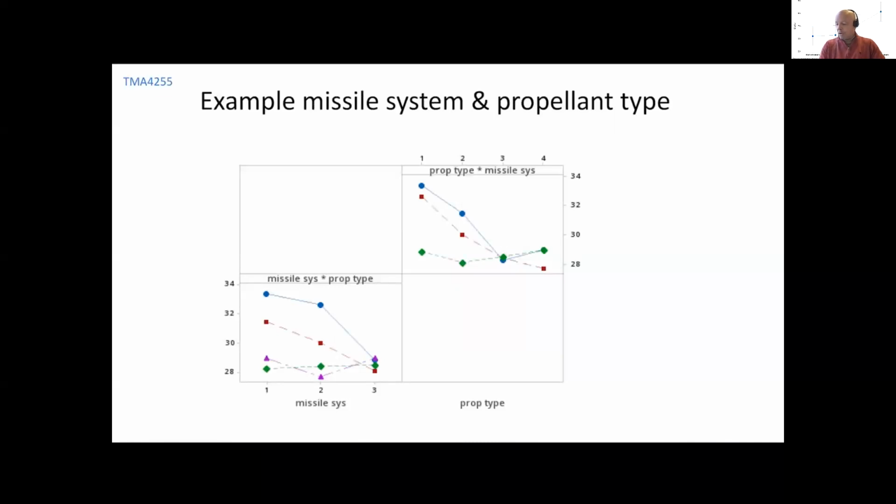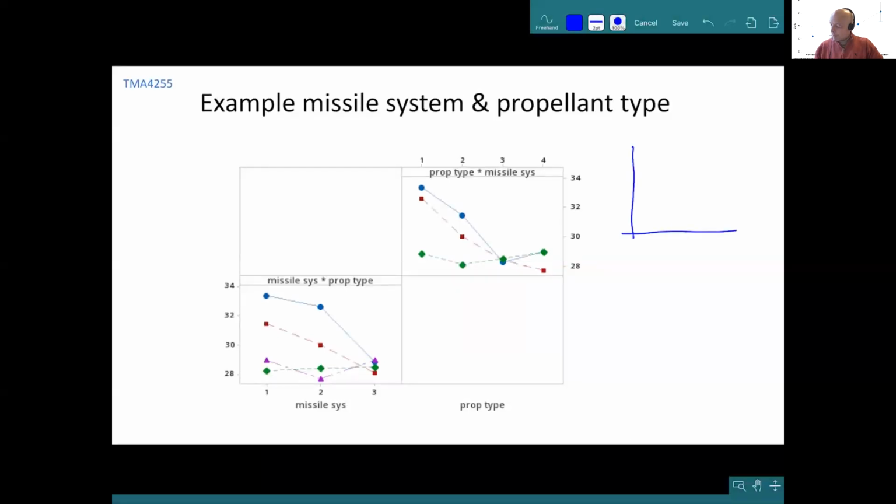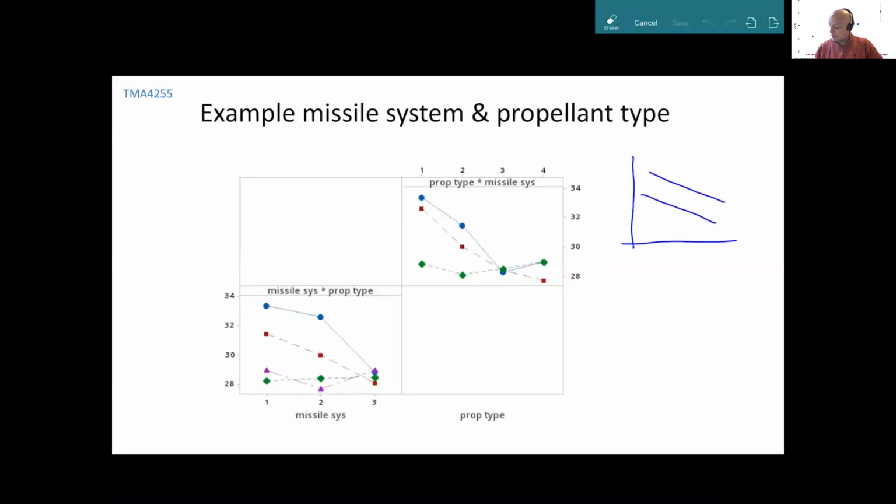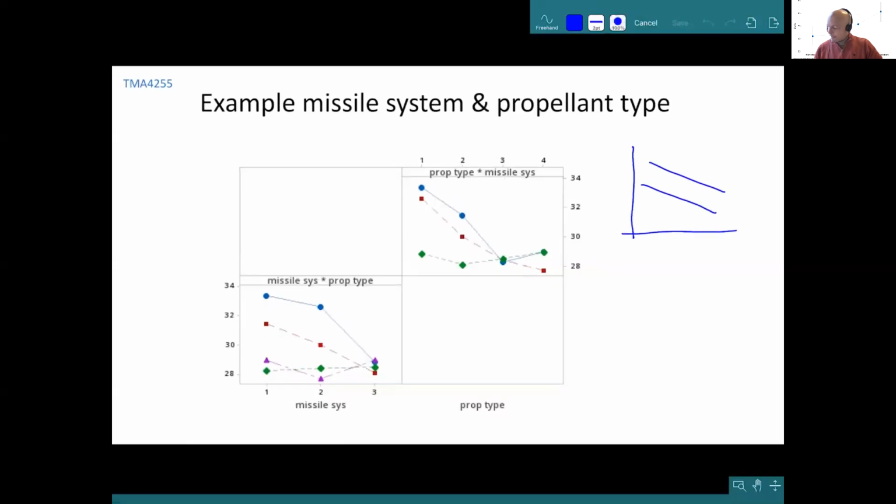And usually if there's no interactions, we would tend to have parallel lines here. So parallel lines indicate no interaction. So here they are clearly not parallel, but maybe not that different either.